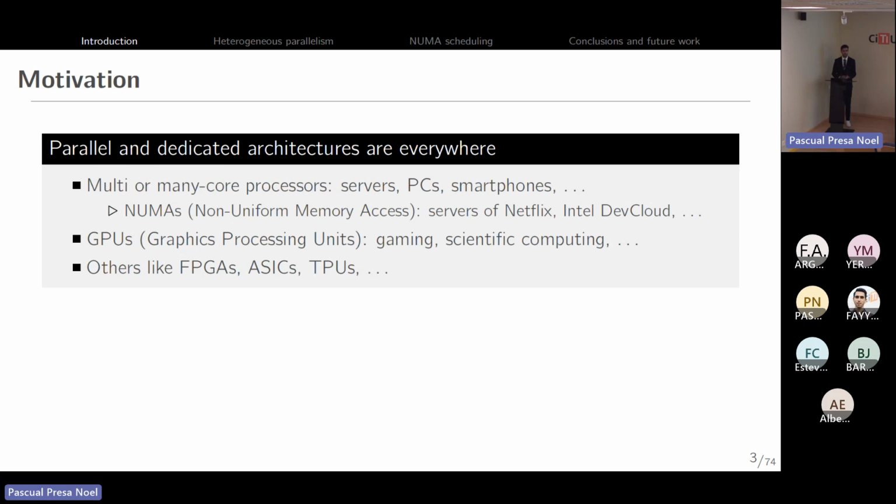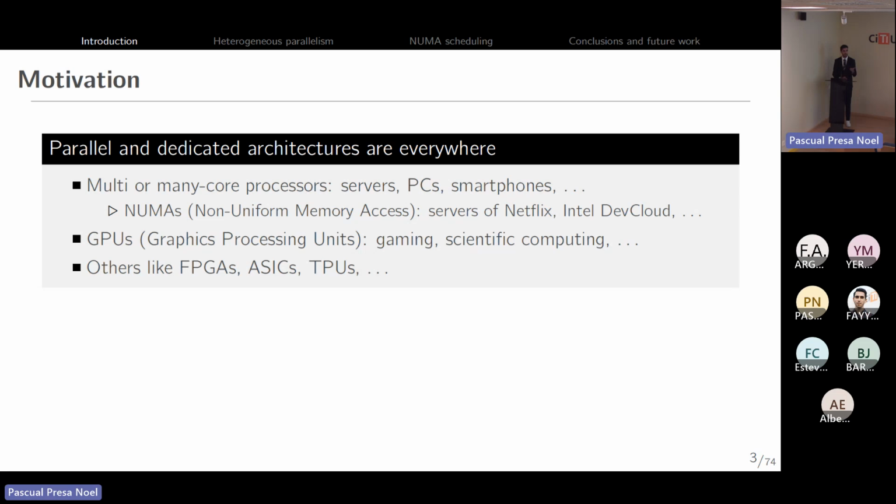In fact, we can find these parallel and dedicated architectures almost in all the devices we use nowadays. For example, we use multi or many core processors in our personal computers, the servers, or even our smartphones. In this presentation, we will pay special attention to NUMA systems, which are present in the servers of big companies like Netflix or Intel.